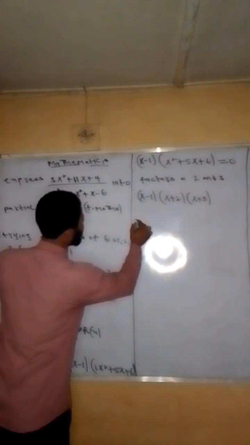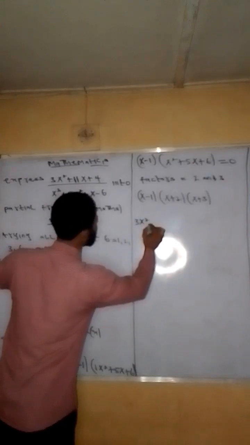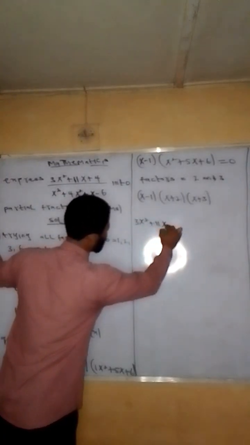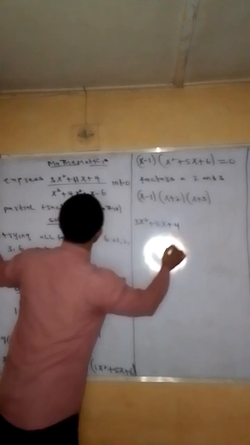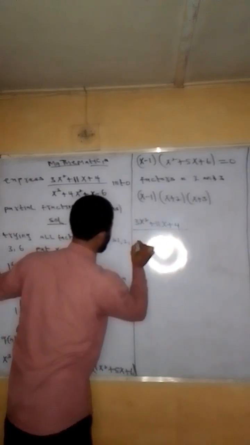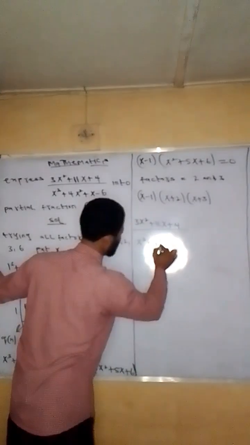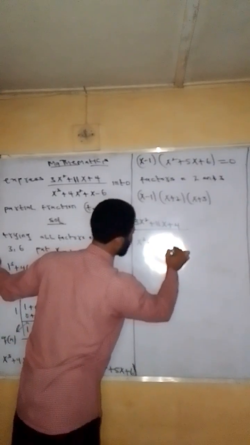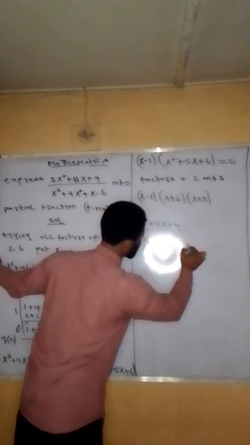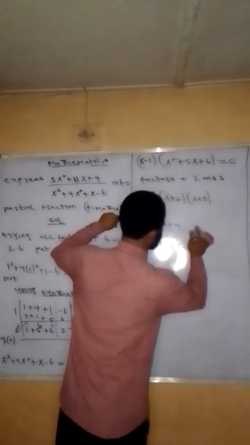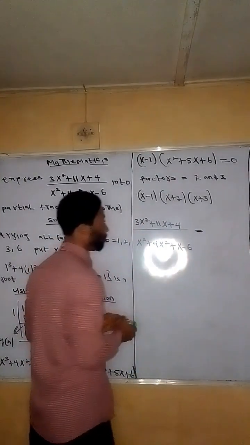So we can still say that 3s squared plus 11s plus 4 divided by s cubed plus 4s squared plus s minus 6 is equal to, now look at what is going to happen.